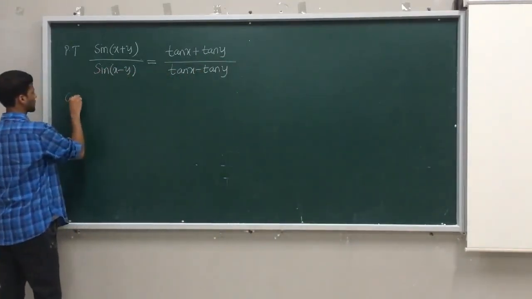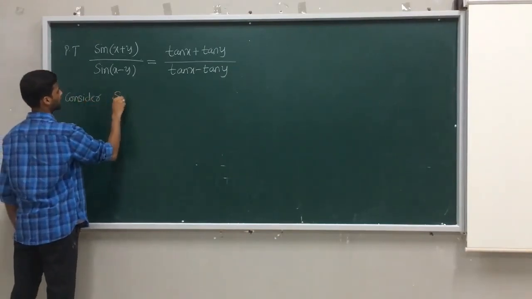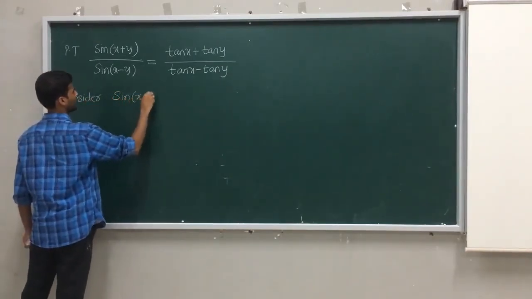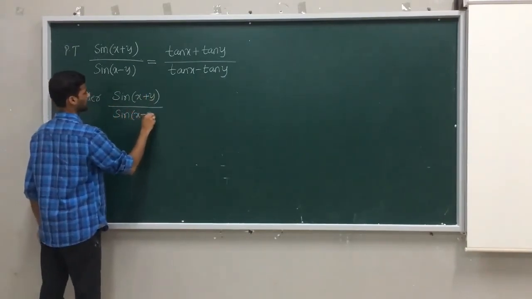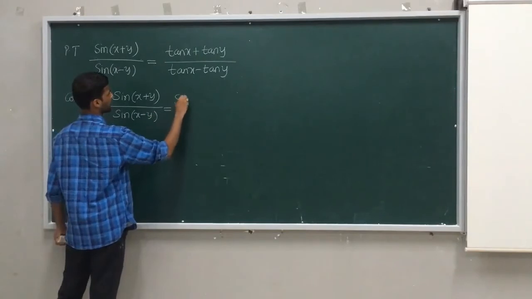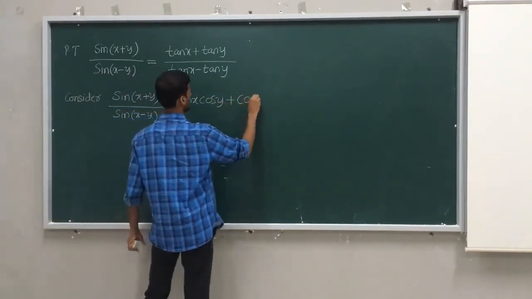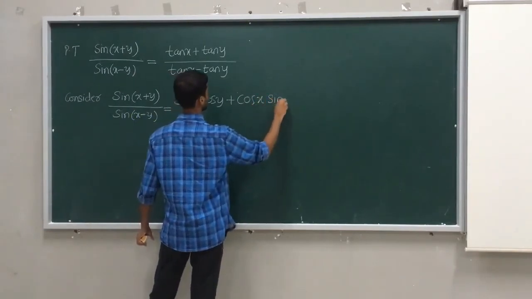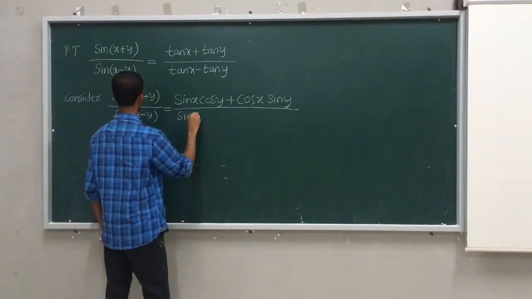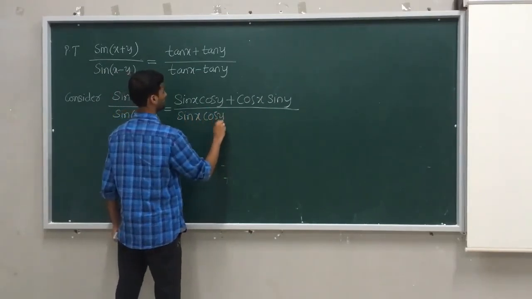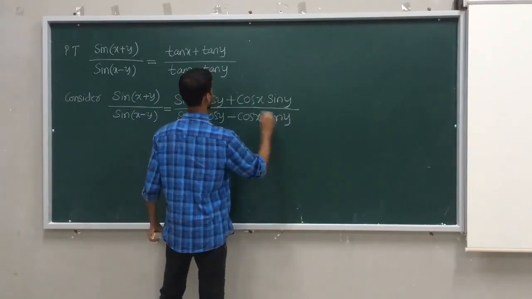Now, as per protocol, it's your wish to take LHS or RHS. I'll take LHS: sin of x plus y divided by sin of x minus y. You know sin of x plus y is sin x cos y plus cos x sin y, divided by sin x cos y minus cos x sin y.